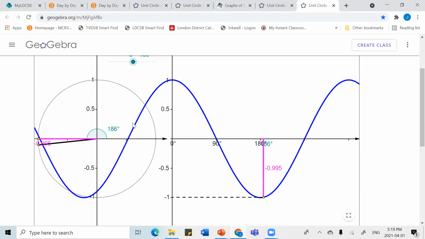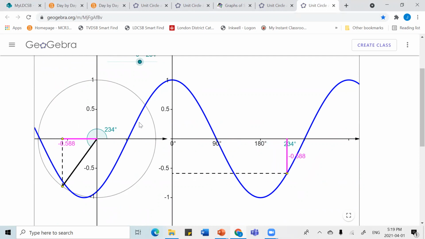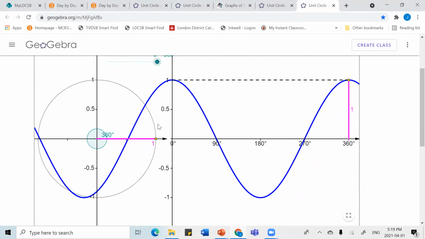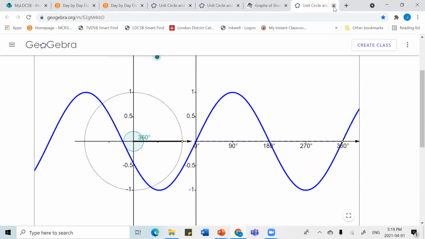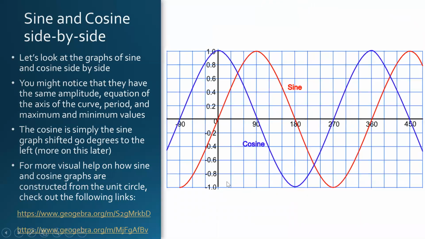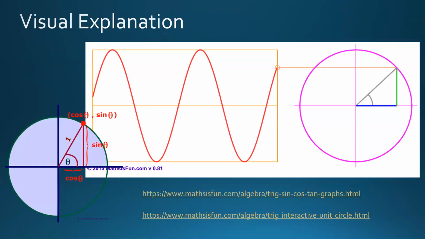But after 180 degrees, it starts increasing again until it goes back to its maximum height at 360 degrees. That's basically how the cosine graph is created as well. So those are just good illustrations. I personally like seeing that. It's a good visual of how these two graphs are created.